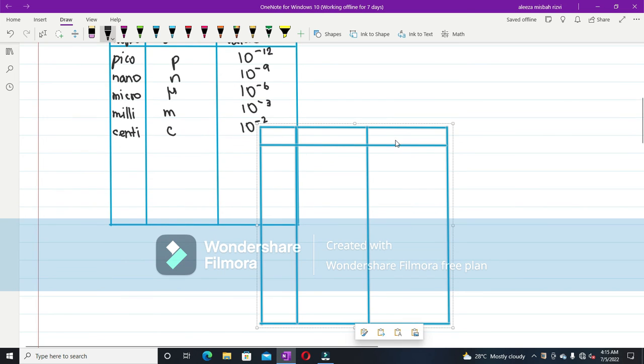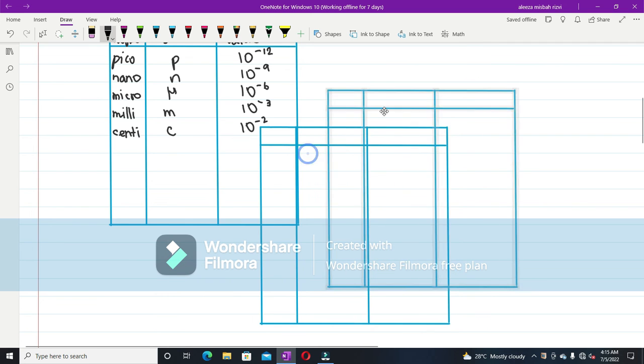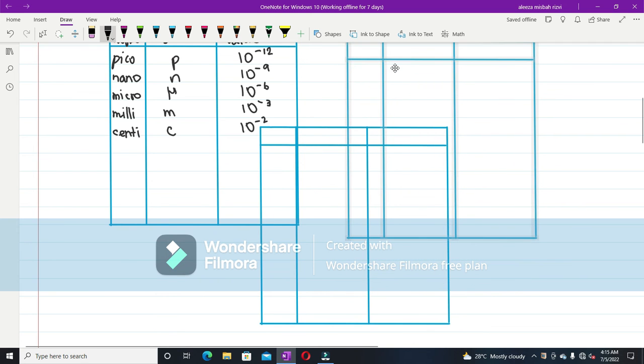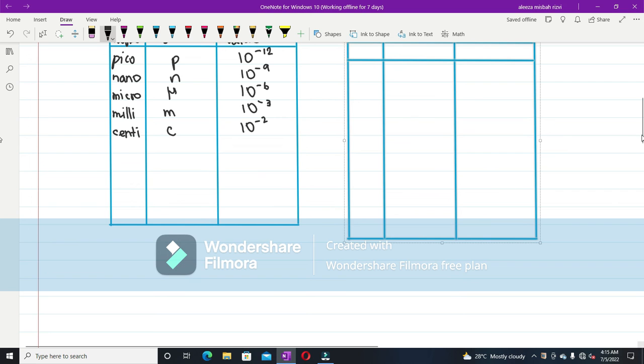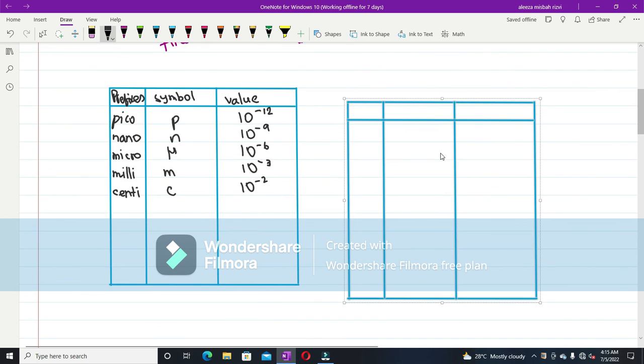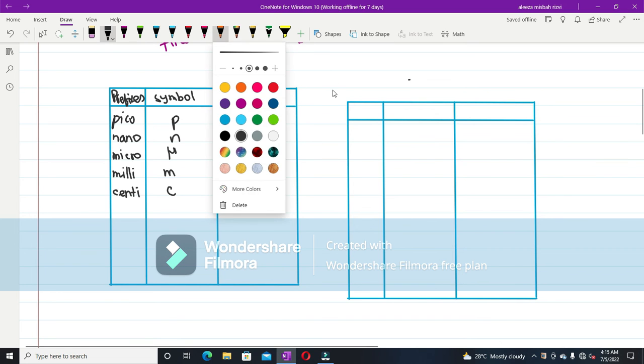I've got another table which I copied earlier. Okay, so it's fine here. Let me take another color. Let's take this or this. Okay, so here it is.